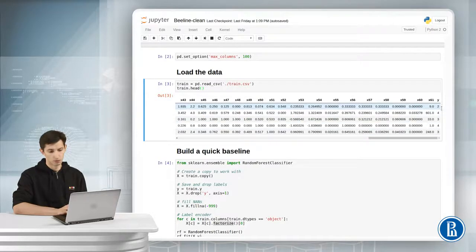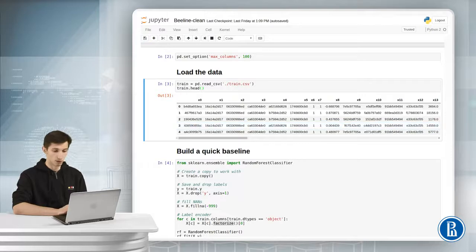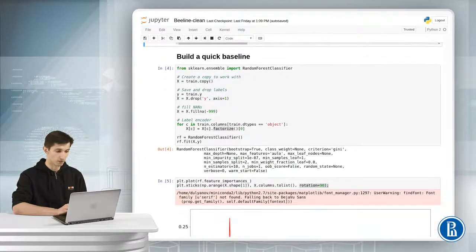And basically, we don't know what we have to predict. We only know that it is a multi-class classification task, and we have 4 labels. So, as long as we don't know what the data is, we can probably build a quick baseline. Let's import RandomForestClassifier.